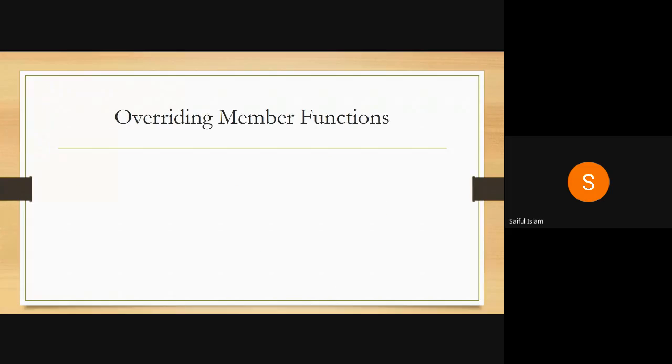The next thing we are going to discuss is overriding member functions. Before this, we have already studied overloading of members. What is overloading? Where you have the same function name with a different signature, we call it overloading. Let's take a simple example.